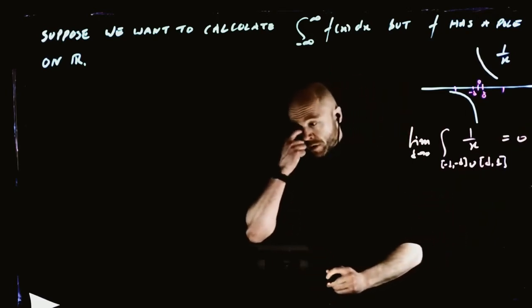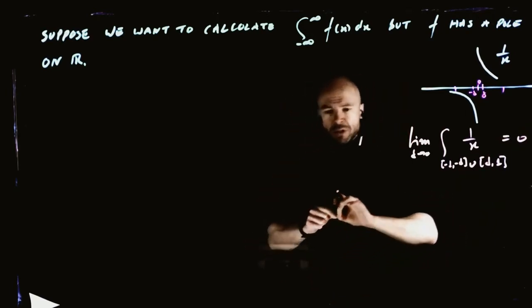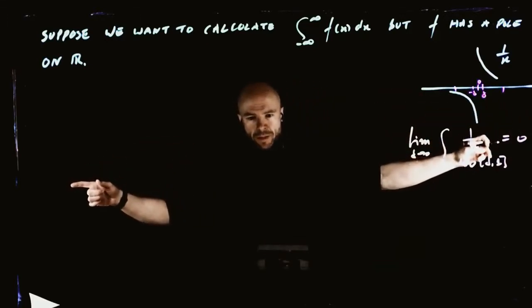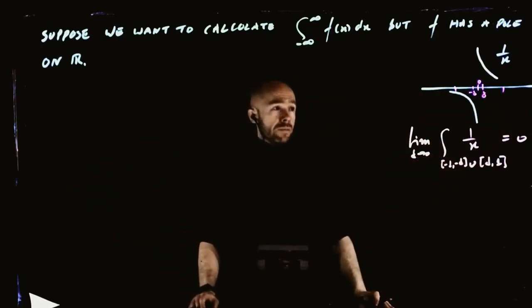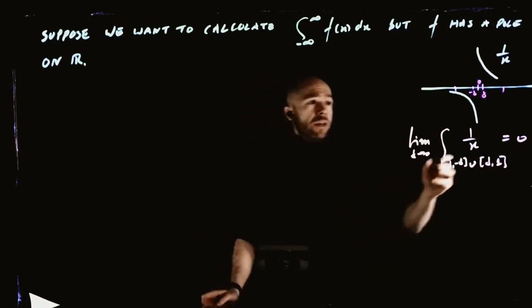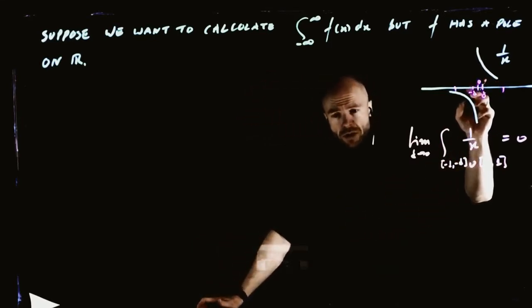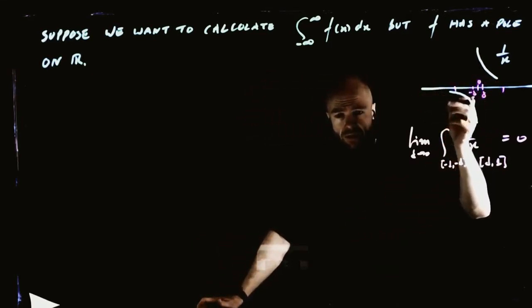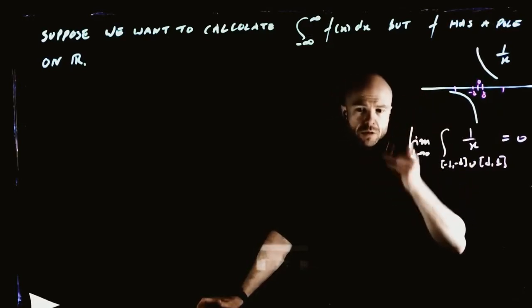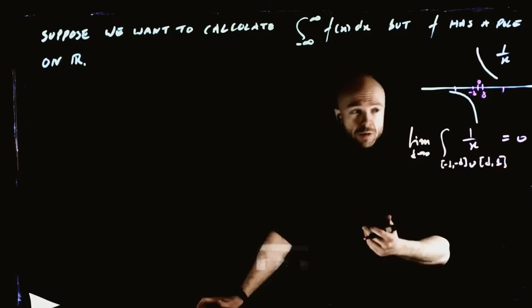So this thing does make sense if we do this in a particular way. And this is kind of an analog of Cauchy principal value when we took to infinity simultaneously from the left and the right. In calc, we talk about improper integrals of type 2, where we take the limit towards this singularity from just one side, and if this limit exists, we say we have a meaningful integral.